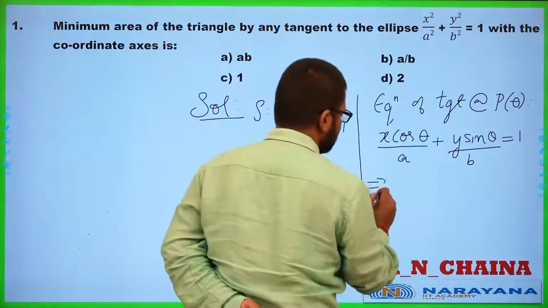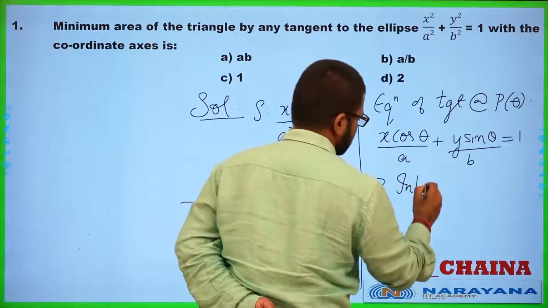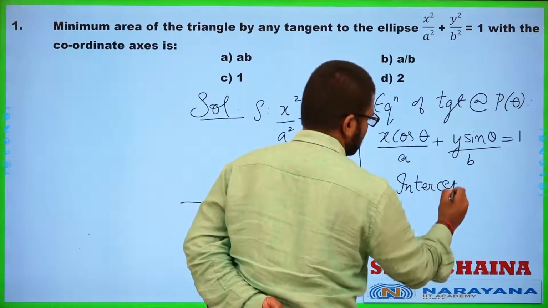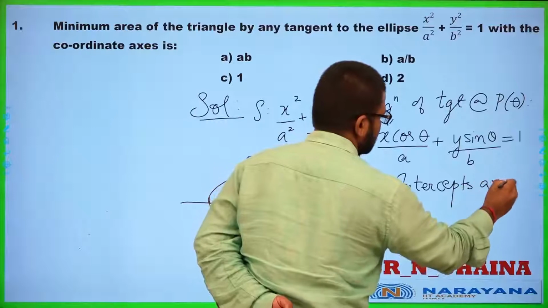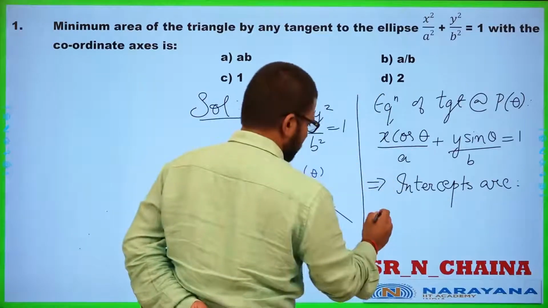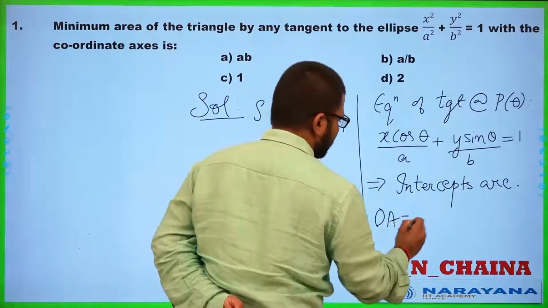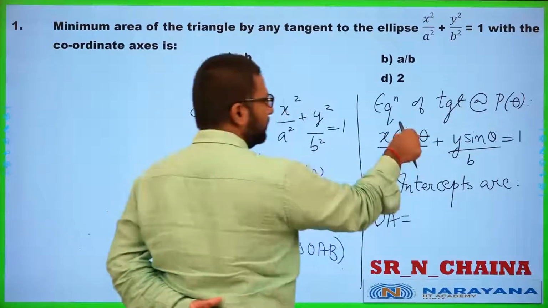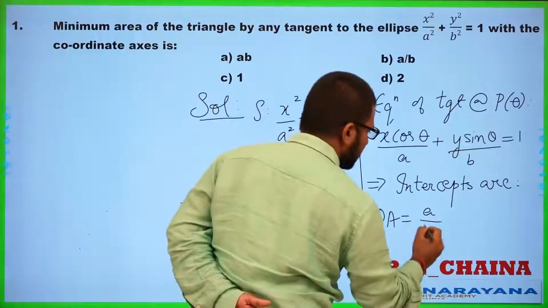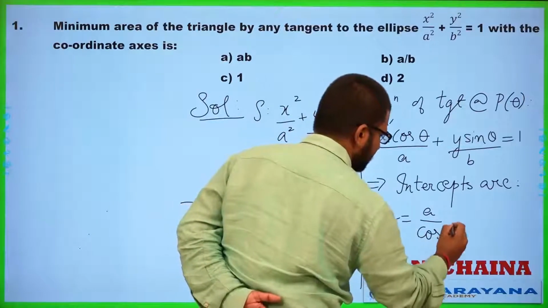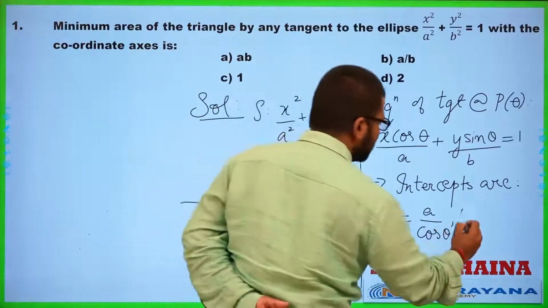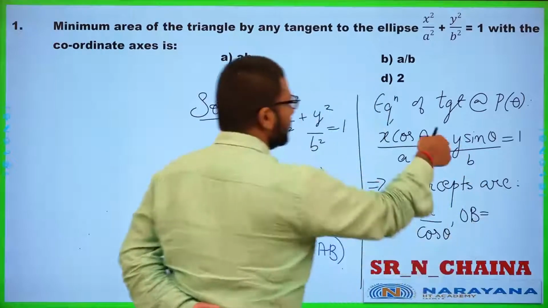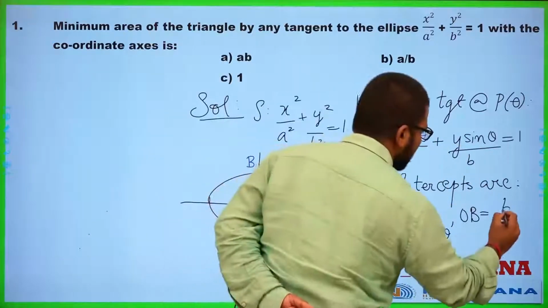So the x and y intercepts: OA, the x intercept, since it is already in the intercept form, bring cos theta down, so a by cos theta. Similarly, the y intercept OB would be b by sin theta.